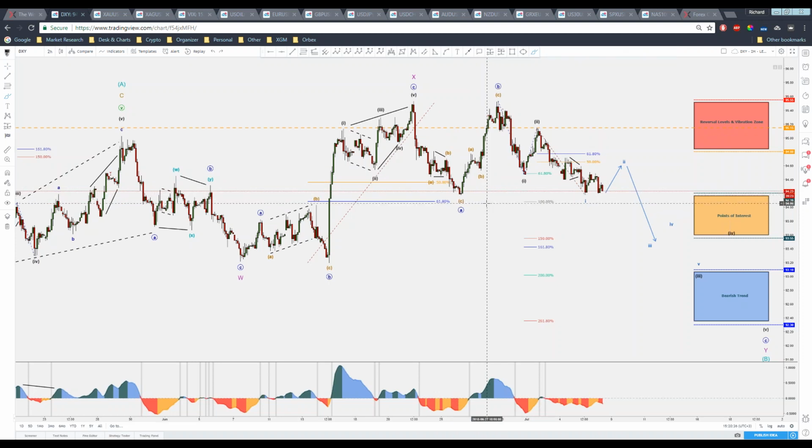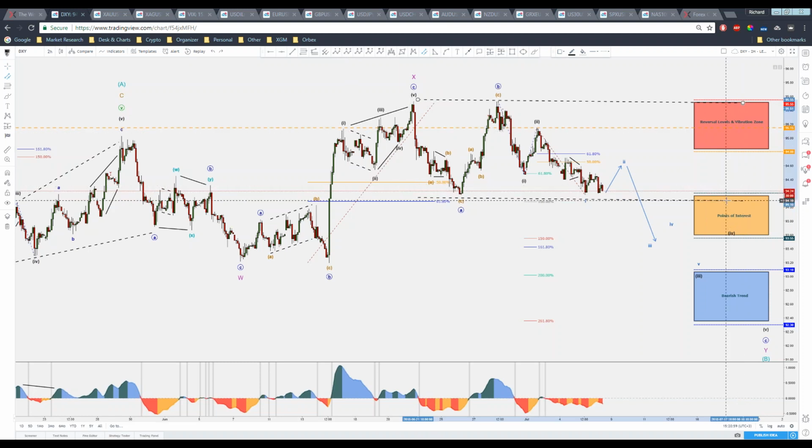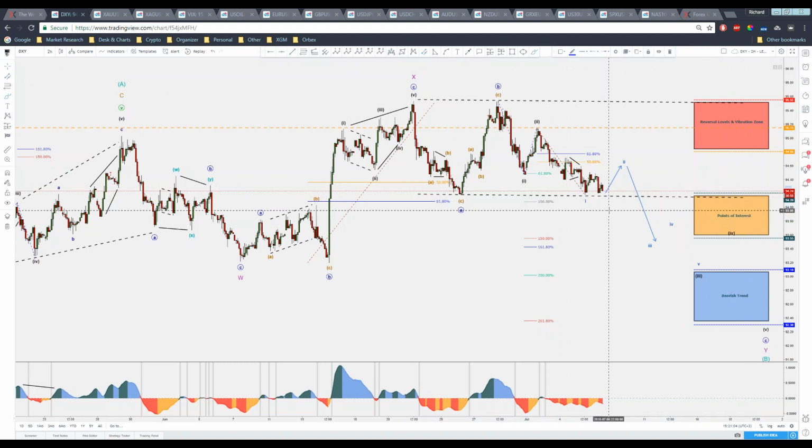Okay, for now, the way this is looking, and also according to these volumes, we don't even have a valid bullish divergence yet. So short term, this is pointing down. Even if this would be, let's say for instance, some sort of channel, it would need to break through.